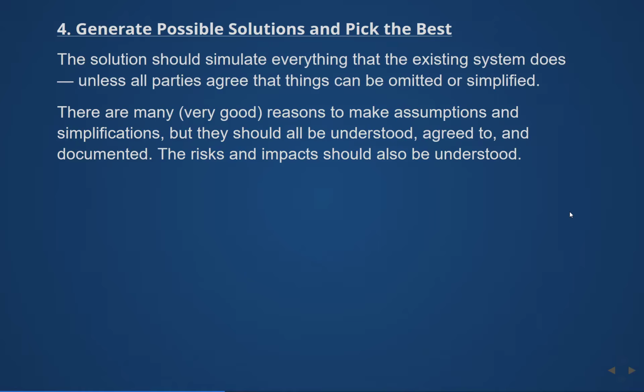There are a lot of good reasons for simplifying things, but they should be understood and agreed to and documented. We also have to think about the risks and impacts and document that. And thinking about risks and impacts is something we'll do all the way through the work on any project.